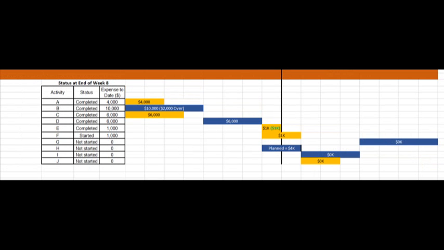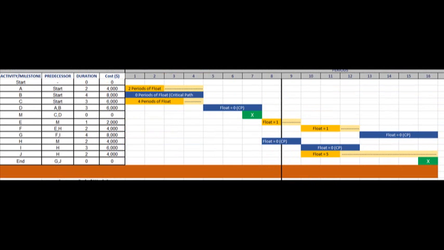It's week 8 here. And in week 8, here's my critical path. I now have actual cost or actual effort against my schedule.